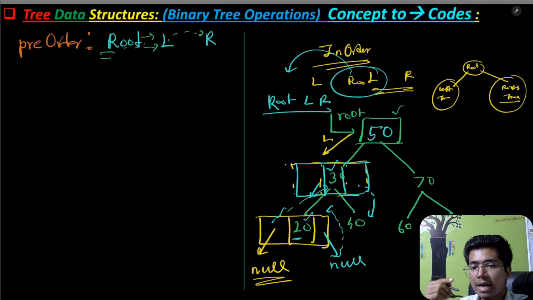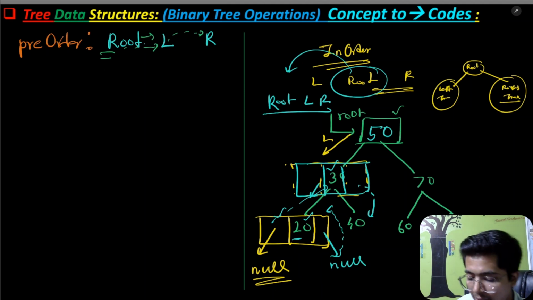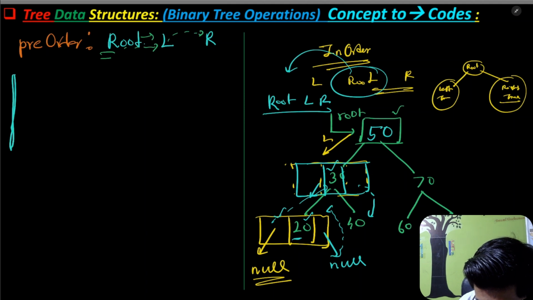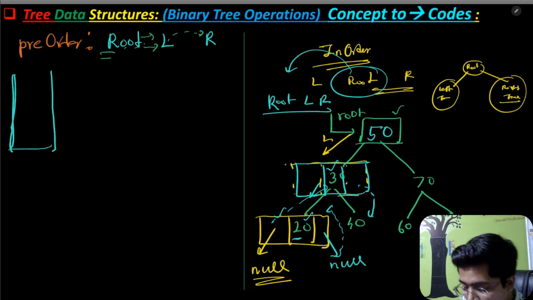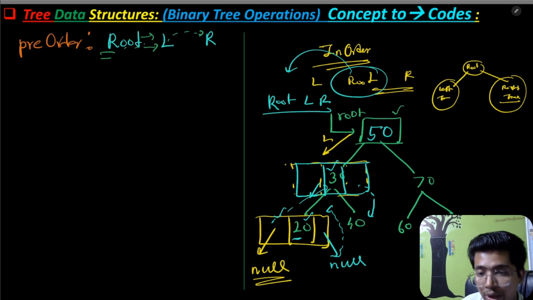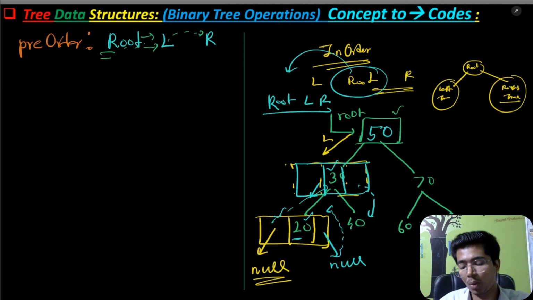So if we try to understand it in terms of a stack, it will work like this. First it will process the root. I mean, let's write the code, and then we'll understand how it internally works.